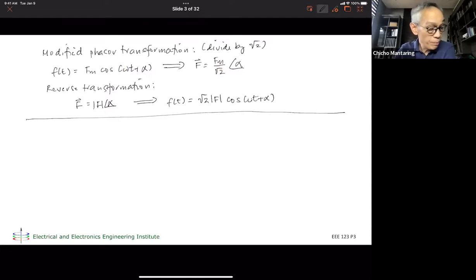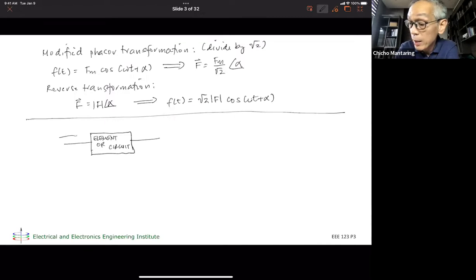Okay, then we took up impedance. So this is an element, or a circuit. Can be a circuit. Let's say I have a phasor I flowing and a phasor V across it.